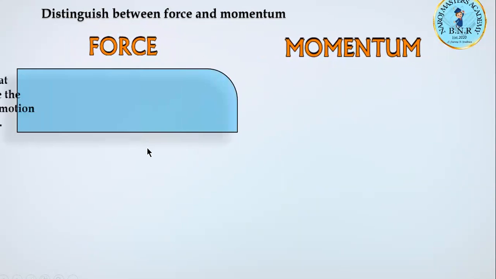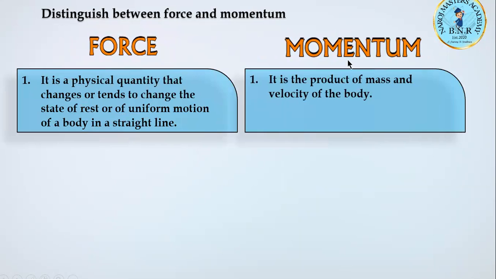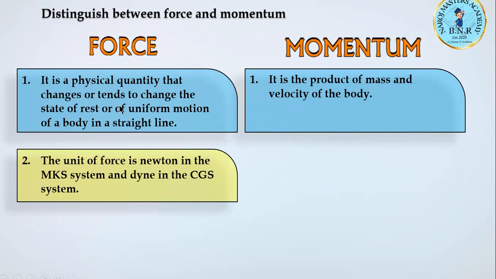Now the difference between force and momentum. Force is a physical quantity that changes or tends to change the state of rest or of uniform motion of a body in a straight line. Whereas momentum is the product of mass and velocity of the body. The unit of force is newton in the MKS system and dyne in the CGS system.